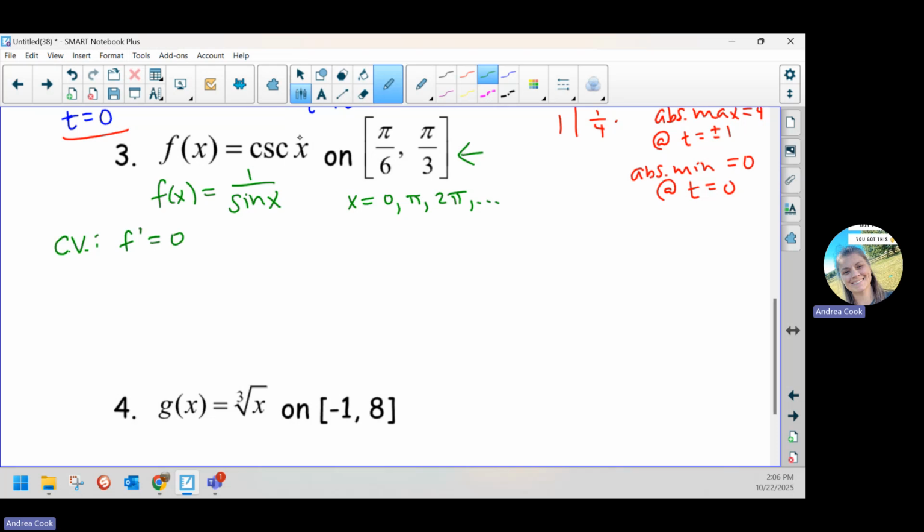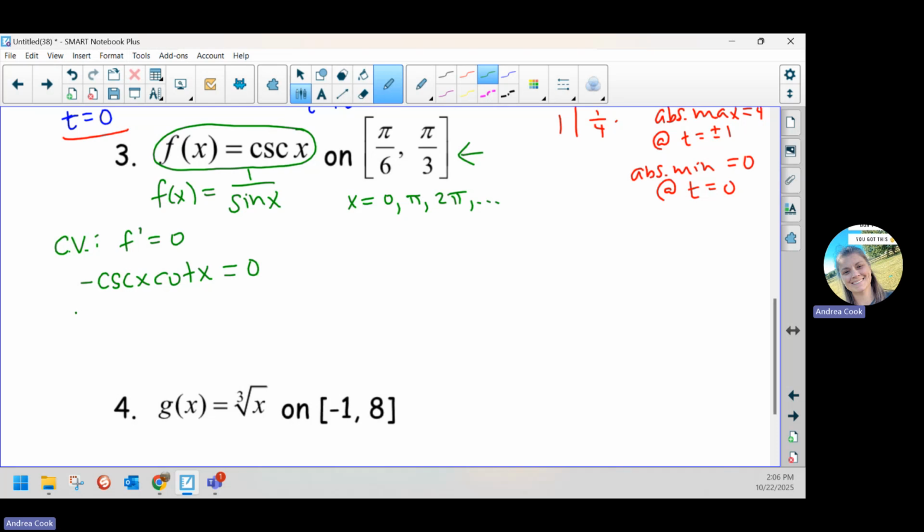So I'm going to go back to cosecant. Find the derivative of cosecant is negative cosecant x cotangent x. And I want to know where that is equal to 0. So to solve this, I'm going to rewrite this.